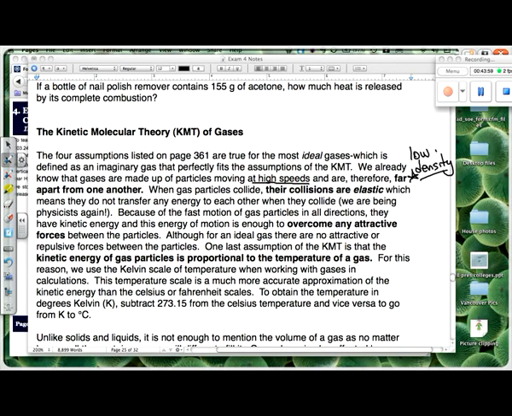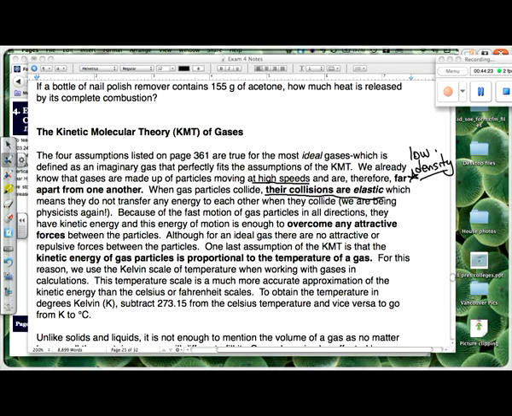When they do collide with one another, now this is not something that happens in reality, but their collisions are said to be elastic, which means that they do not transfer any energy to one another when they collide. So we're being like physicists here in that we are assuming that no energy is transferred. So those are two assumptions. One, the particles are far apart, and that their collisions are elastic.